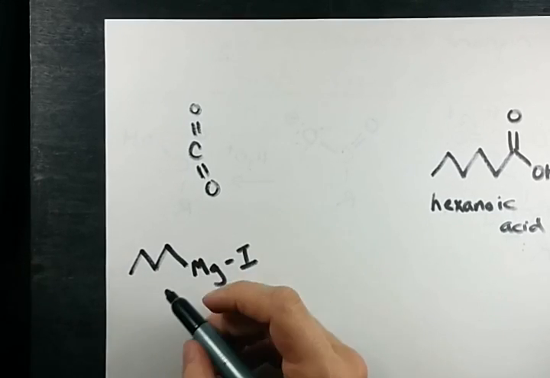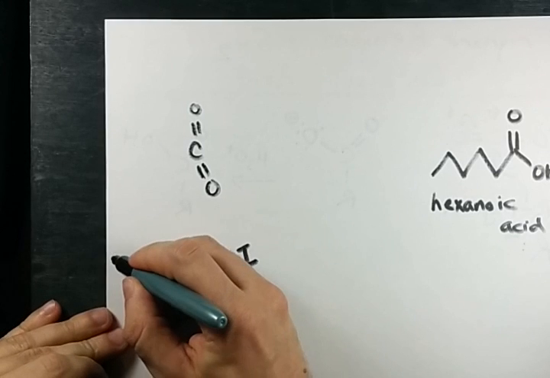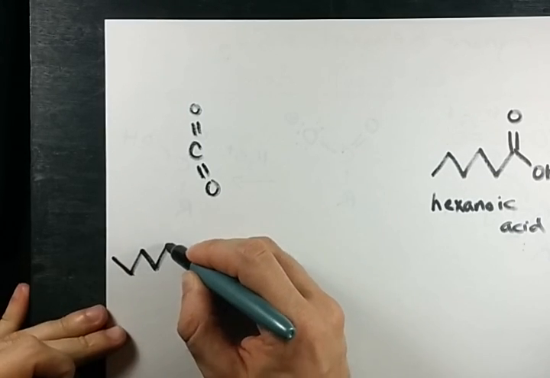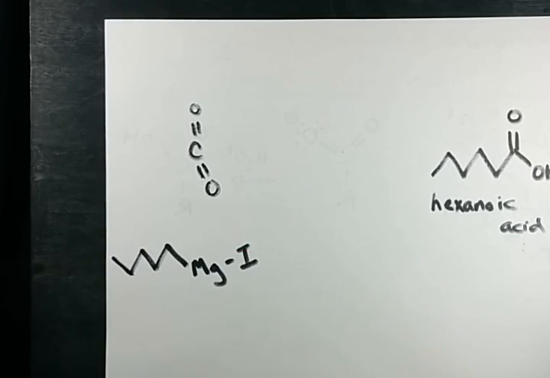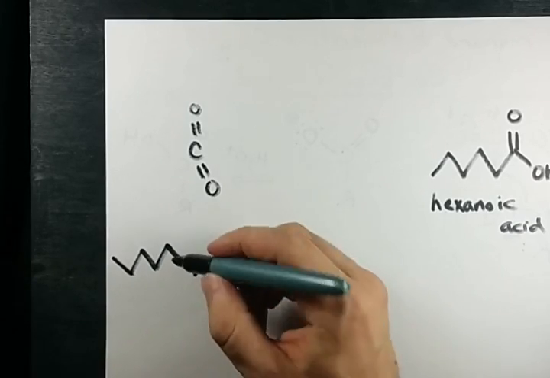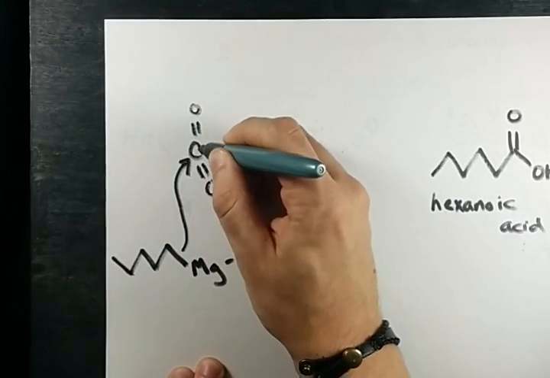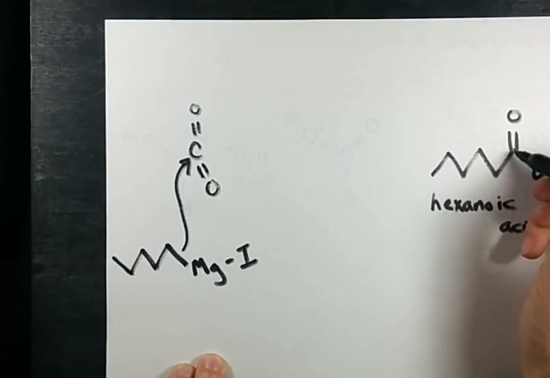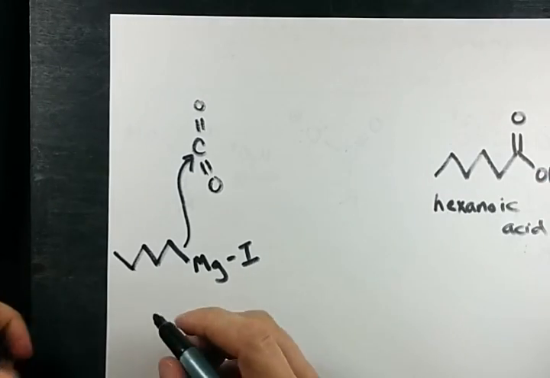That's a 5-carbon Grignard reagent, 1, 2, 3, 4, 5, connected to the Mg and the I. Because those 5 carbons will attack that carbon, which eventually becomes our 6th.